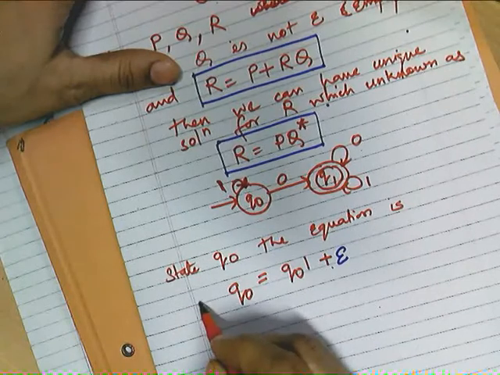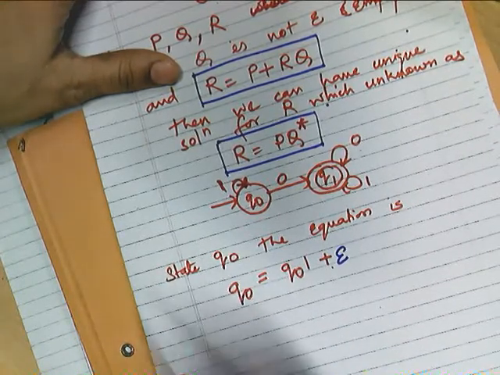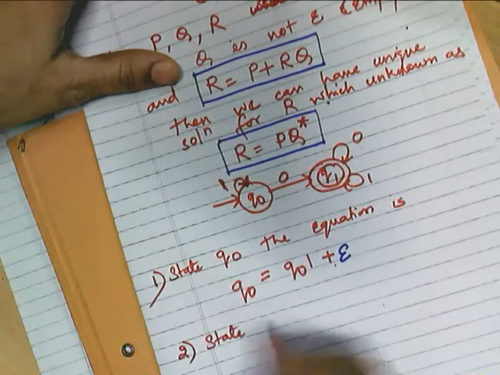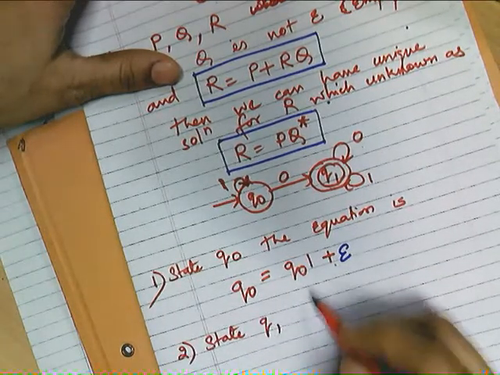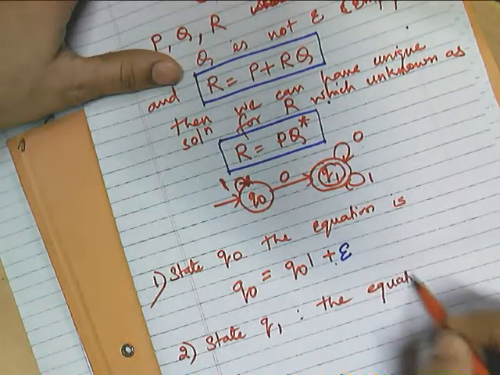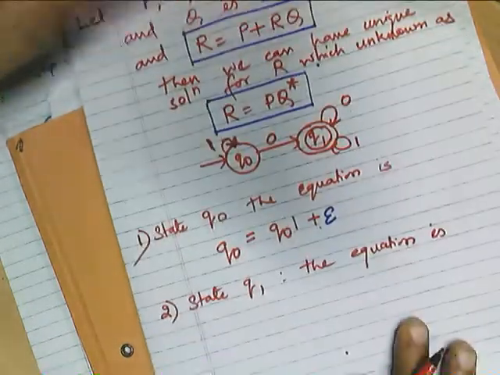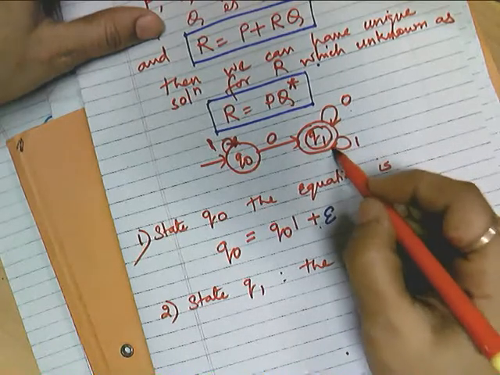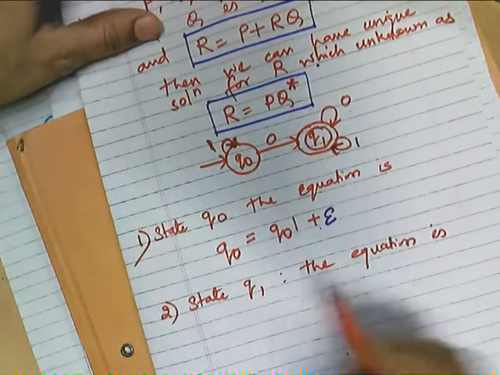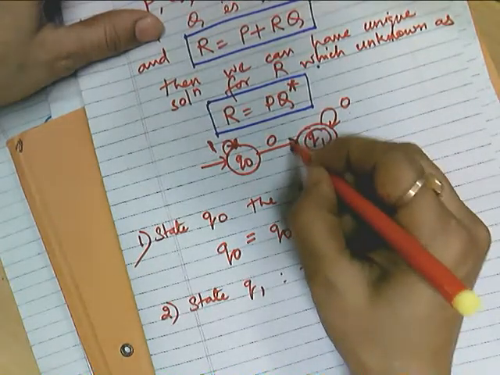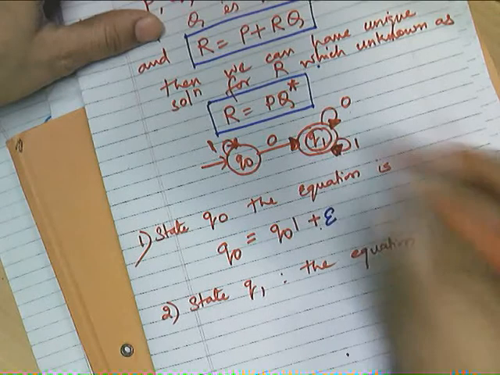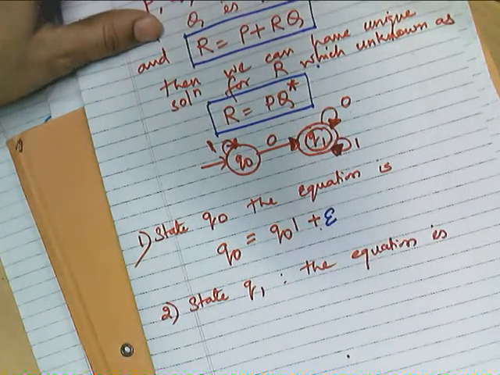So let us first write down the equation for both the states. Second is state Q1. The equation is, all the incoming edges to the state Q1 we have to consider. So how many incoming edges? 1, 2 and this is 3. So there are 3 incoming edges to Q1.